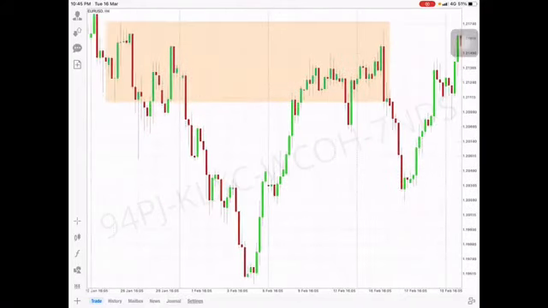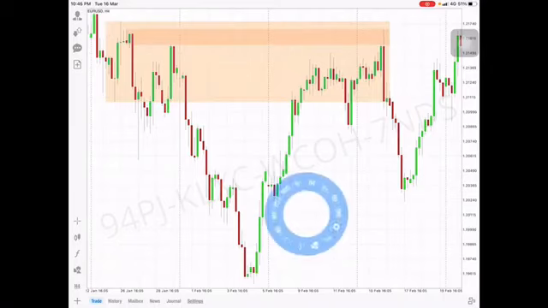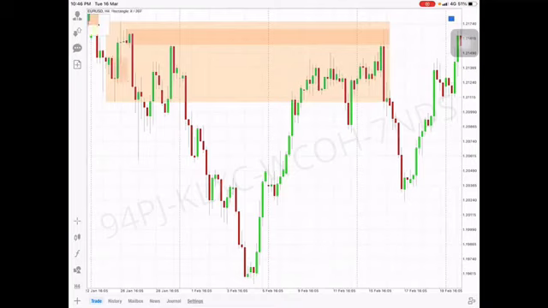Now in the H4 we see that there is also a fail engulfing right here, and there's also another one right here. Oh wait, that is too far. Let's just take this one.